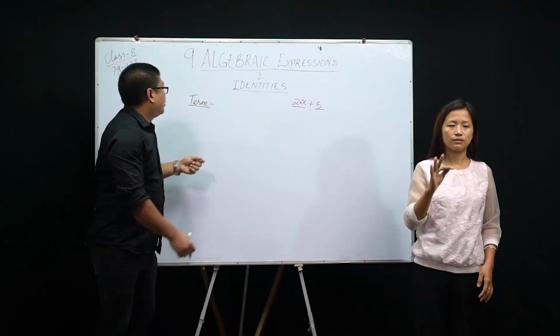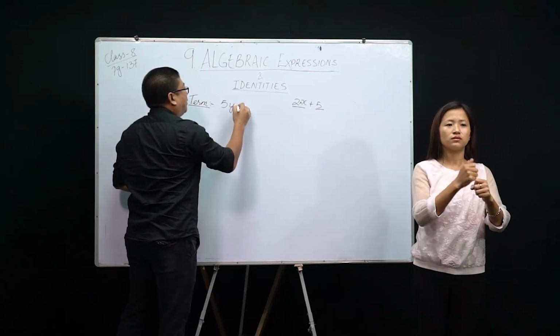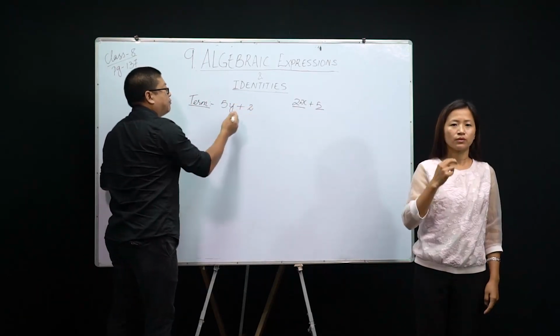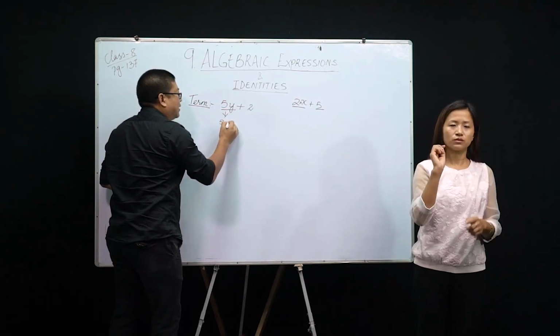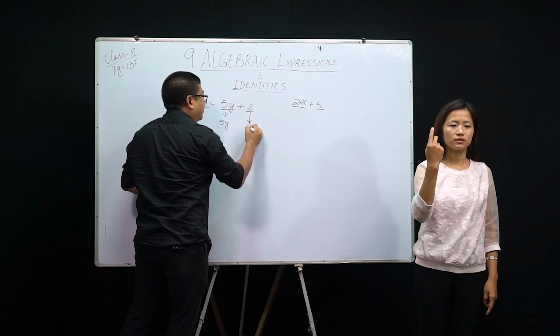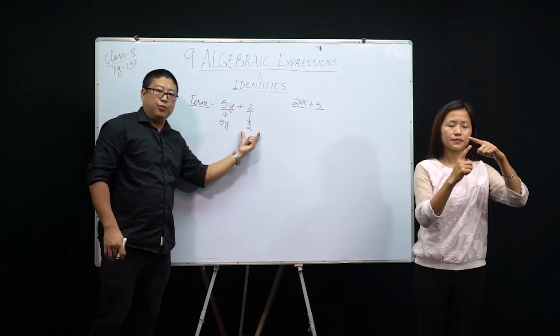For example, let me write 5y plus 2. When we write 5y plus 2, we can say that 5y is the first term, 2 is your second term. So we have two terms here, 5y and 2.